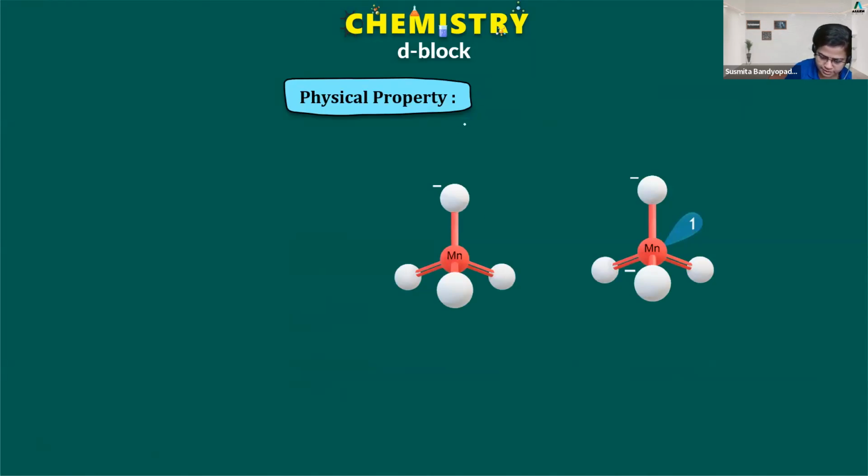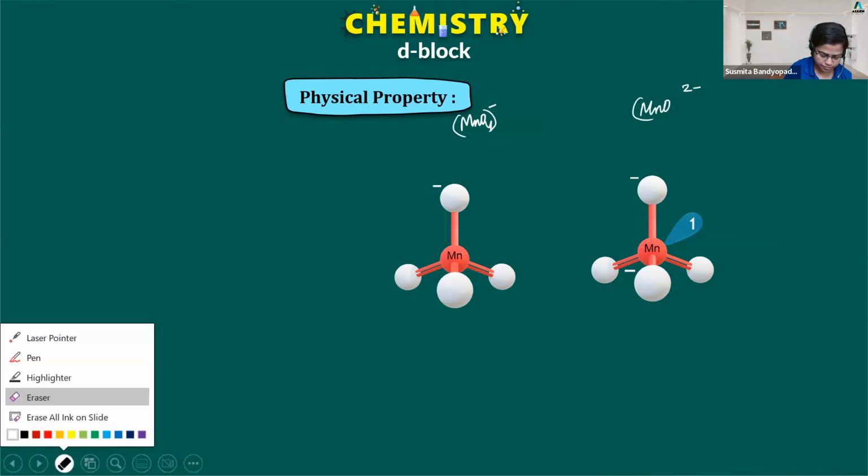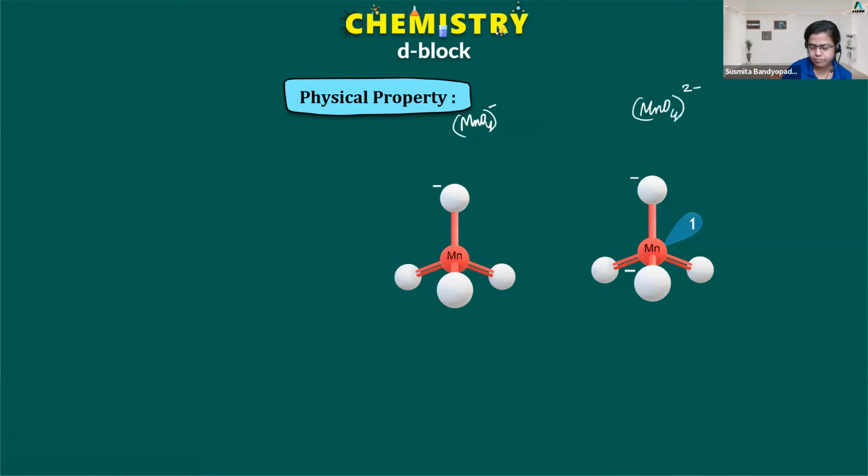MnO4-, permanganate: Mn with double bonds to oxygen, double bonds, double bonds. MnO4 2-: Mn with double bonds, minus 1, minus 1.